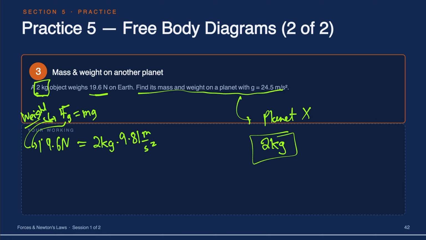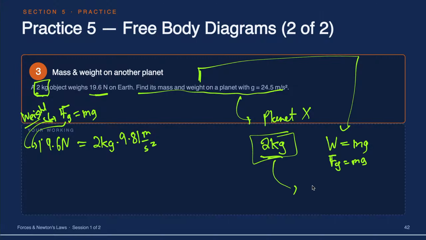And weight, though, that's going to change. That's W equal to mg, right? Or force gravity is equal to mg. So that's going to become 2 kgs times 24.5 meters per second squared, which is the acceleration.